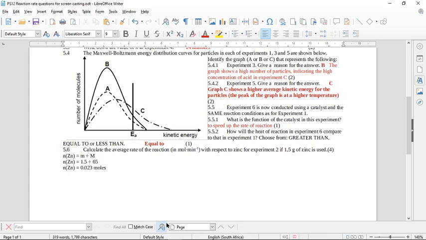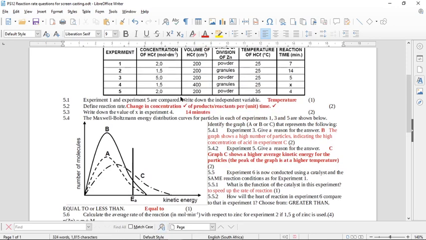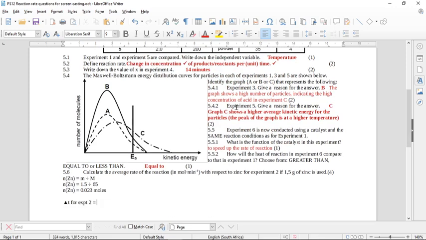Okay, and now we want the average rate of reaction for experiment 2. So what is the time, the delta T for experiment 2? What does experiment 2 say? Experiment 2 says 14 minutes. Okay, what unit does it say? We must use moles per minute.